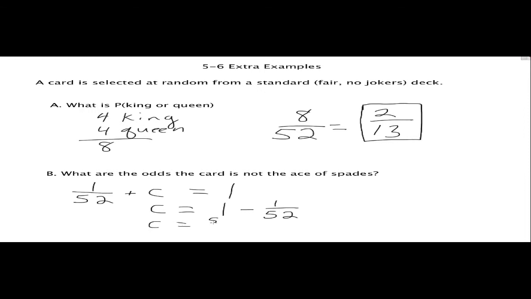Right, so 52 out of 52 is 1, minus 1 out of 52, that is 52 minus 1 all over 52, which equals 51 out of 52. So the answer to our question is 51 out of 52 are the odds that the card is not the ace of spades.